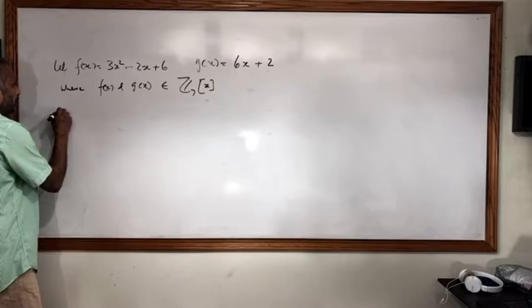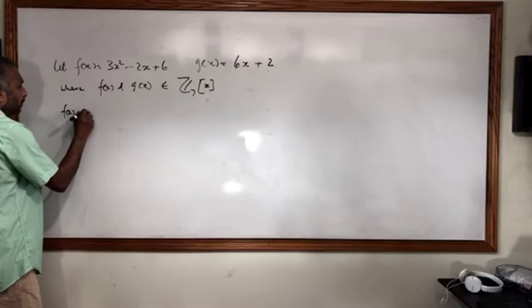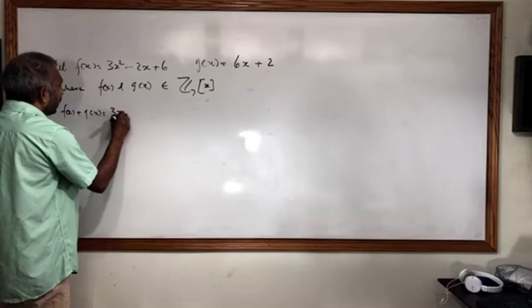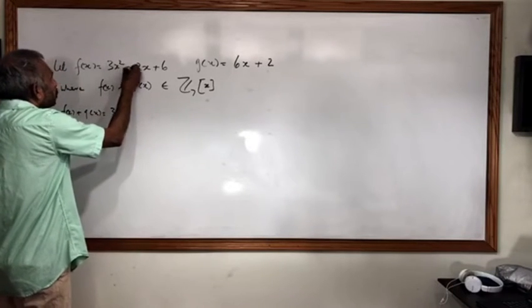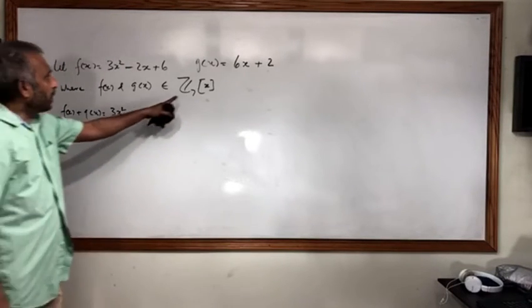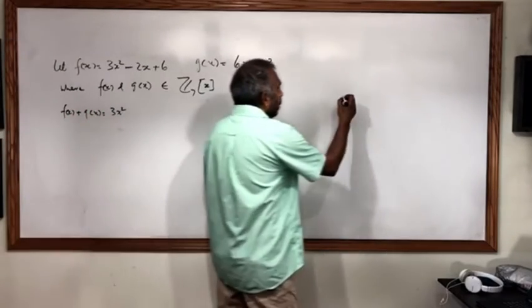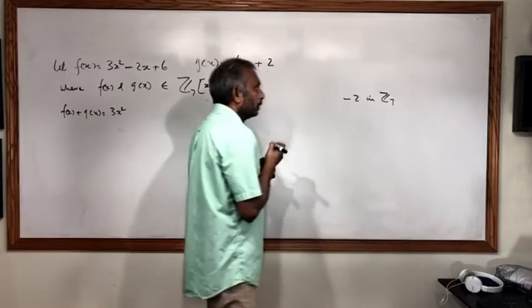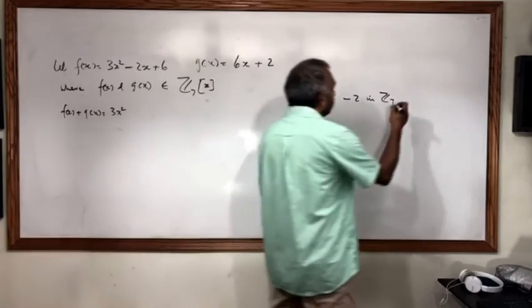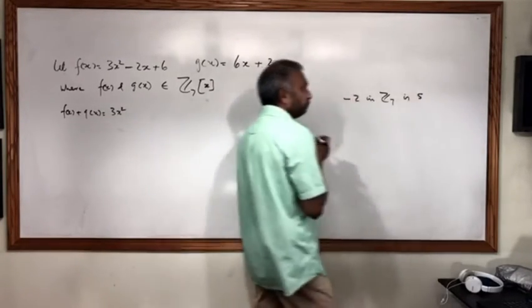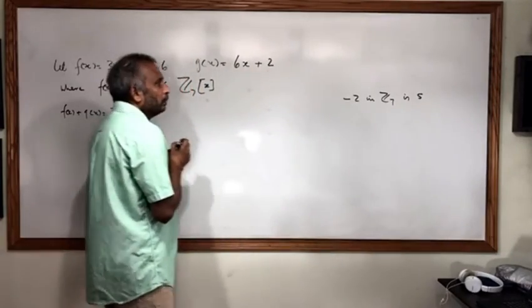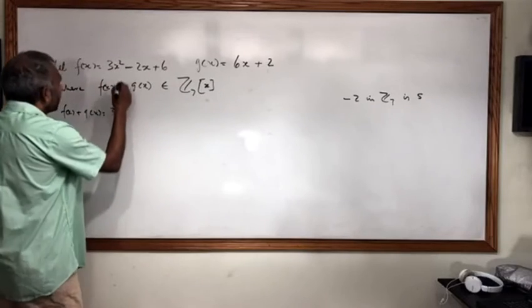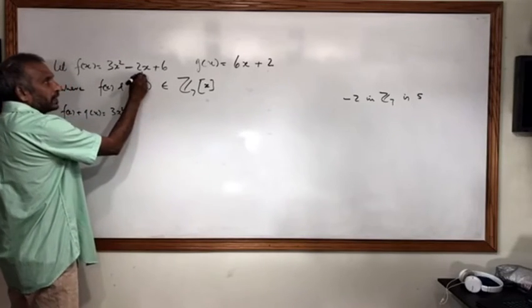So we want to find out f of x plus g of x, and that is going to be equal to 3x square minus 2x. What is minus 2 in Z7? Minus 2 in Z7 is 5, right? Because 5 plus 2 is 0. So minus 2 is 5, and this is actually plus 5x.